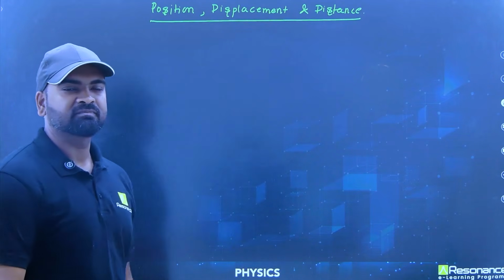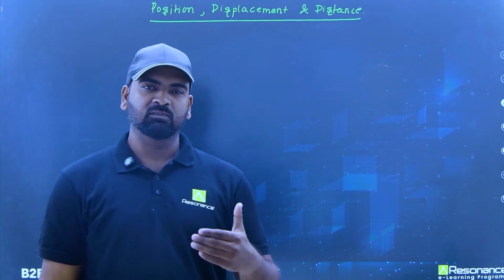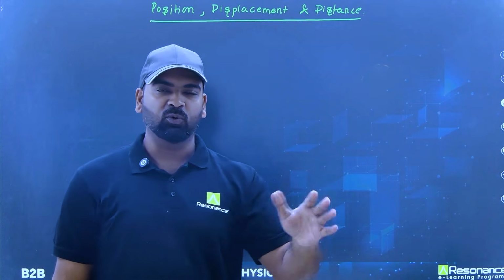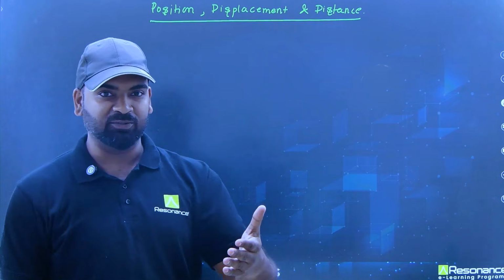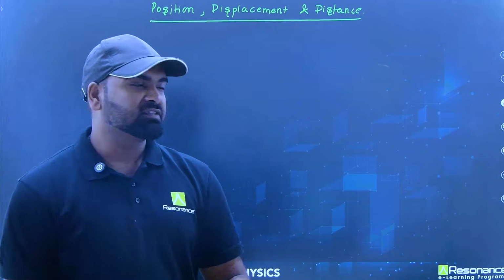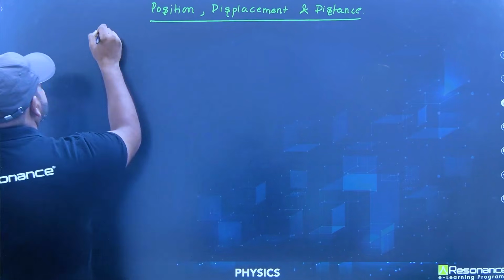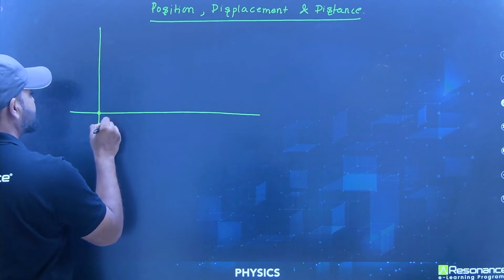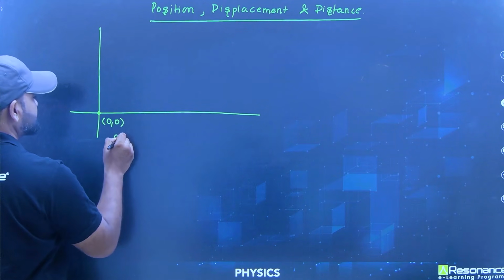Introduction. Okay. First things first, we understand what we did just now: 0 comma 0. I'm not going to read the comments while I teach. Just listen, I will do the engagement. So 0 comma 0 tells where the object is: the origin.